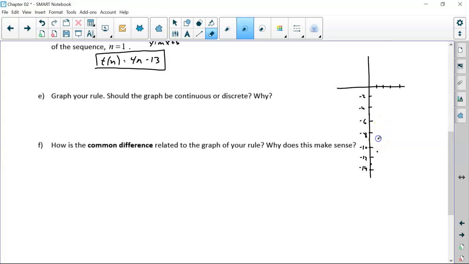That's not right. Excuse me. Then we're going to be at -5, then -1, and then 3. So there's our graph. Now it is linear, but we're going to graph it as discrete. Sequences are going to be discrete. And that common difference, that's our slope, our rate of change. That's our generator.